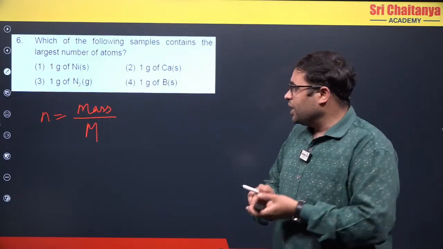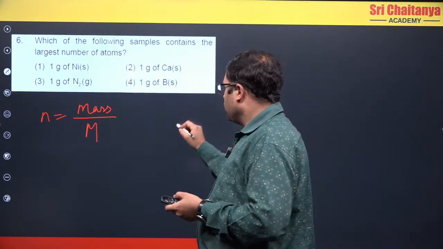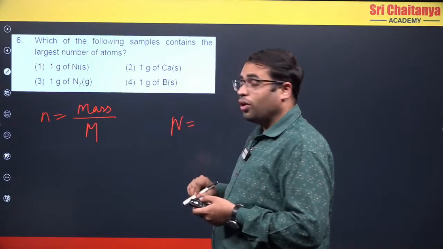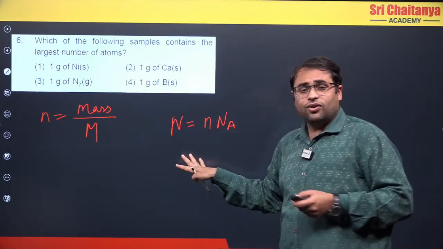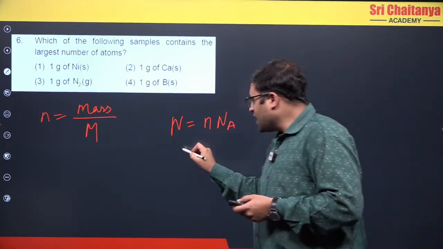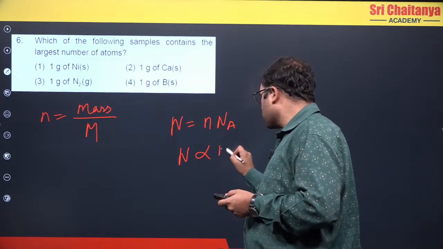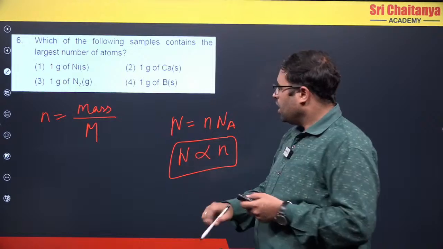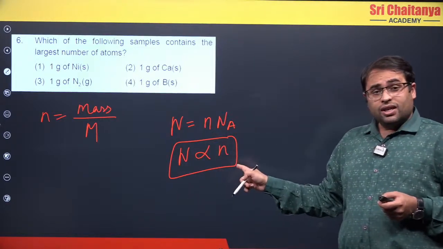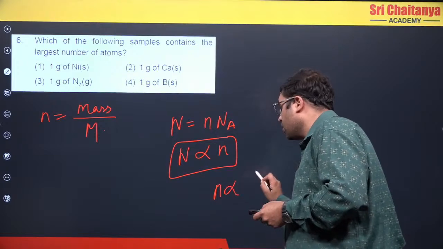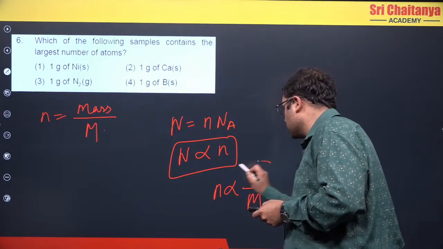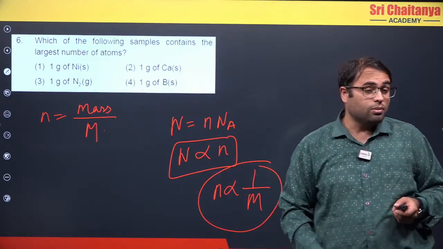Now, I told you that if you want to get the number of atoms, what you do? You multiply moles by Na. We just did this in the first question, right? So can I say that the number of atoms is directly proportional to moles? Right. And moles is inversely proportional to molar mass.